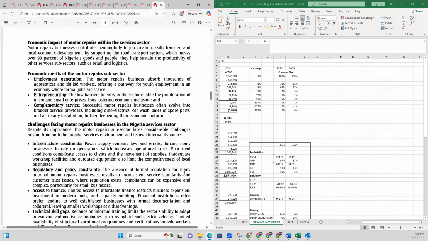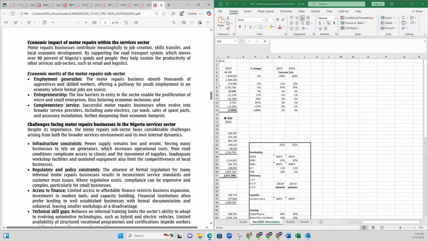The low barriers to entry in the sector enable the proliferation of micro and small enterprises, thus fostering economic inclusion and complementary service. Successful motor repairs businesses often evolve into broader service providers, including auto electrics, car wash, sales of spare parts, and accessory installation, further deepening their economic footprint.